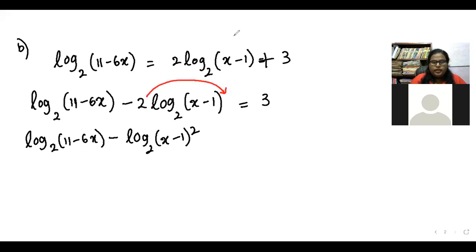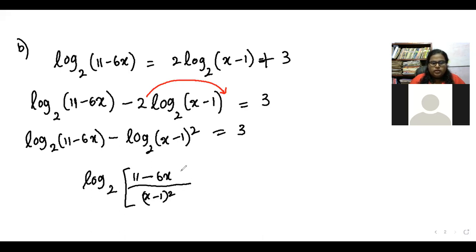And you can see we can apply another log rule, because there is a difference between two log terms here. So we can write this as log base 2 of the division (11 minus 6x) over (x minus 1) squared equals 3, right?